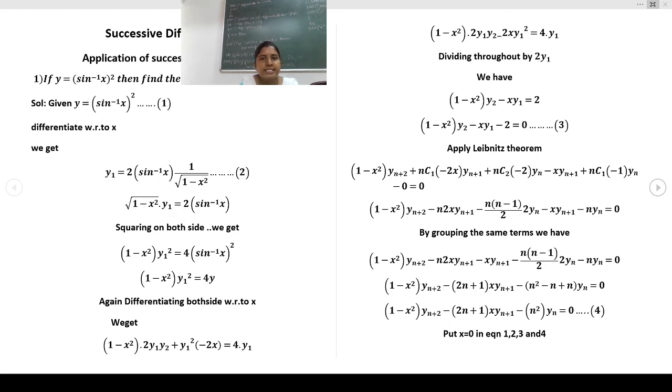Next, put x is equal to 0 in equations 1, 2, 3, 4.